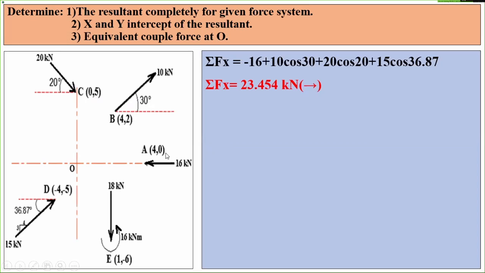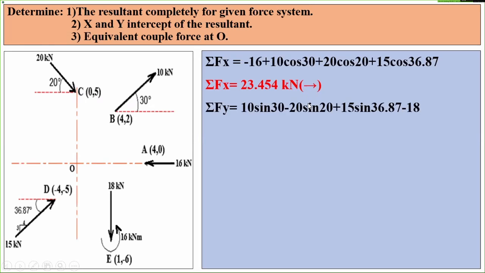So only four forces contribute: 16, the x component of 10, of 20, and of 15. Finally, the algebraic sum of all x components is 23.454 kilonewton, and it is positive, so it acts towards the right-hand side. I am showing the arrow towards the right.